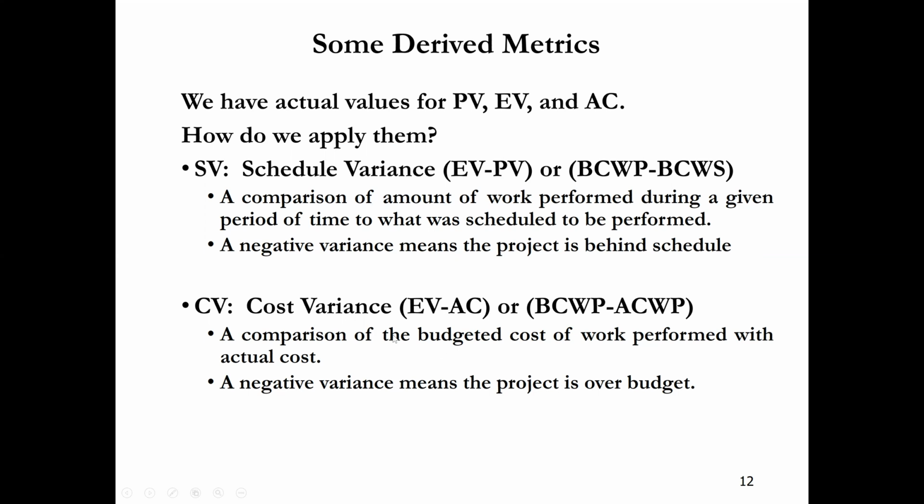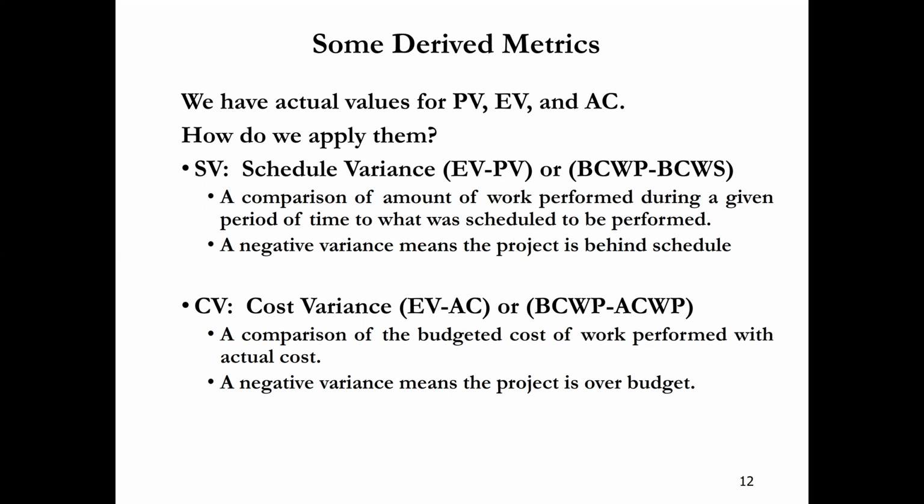A negative cost variance means our actual cost is more and we have received less from the owner in terms of EV. So a negative value means the project is over budget. It means we are not making profit in this project, we are over budget, and cost is high.